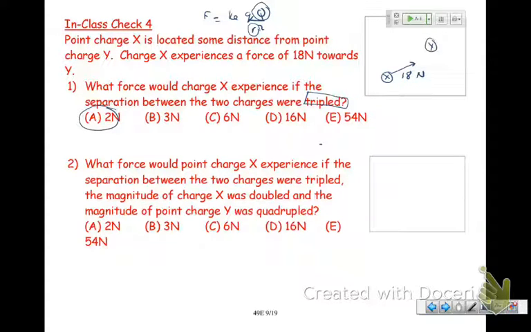Then the way we do these is we look at our basic equation, and I say F new over F old equals, and I want to find F new, and I know F old is 18.